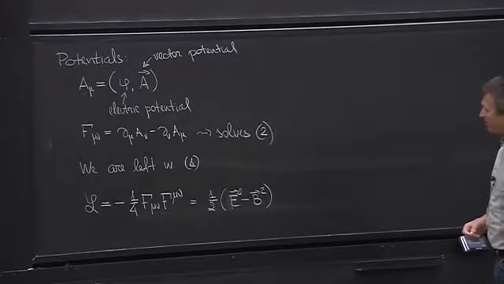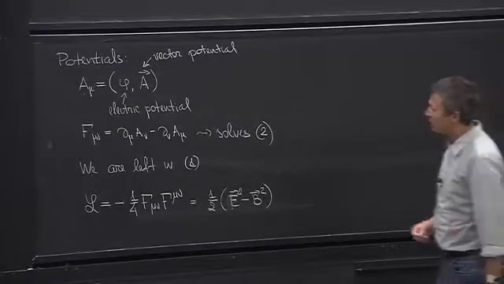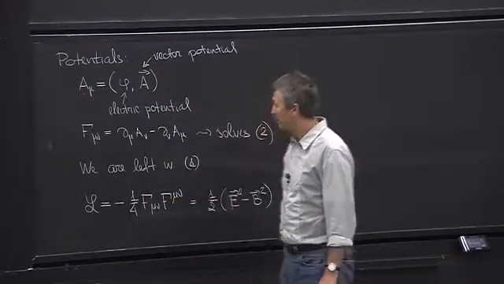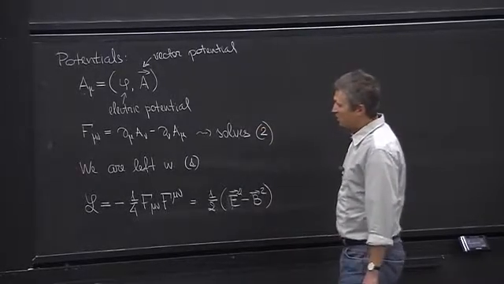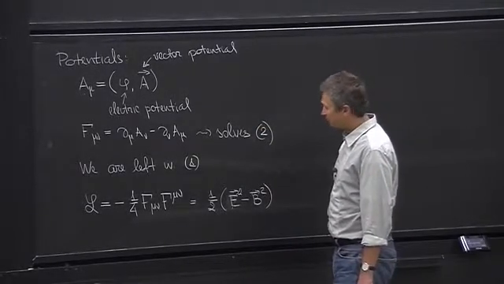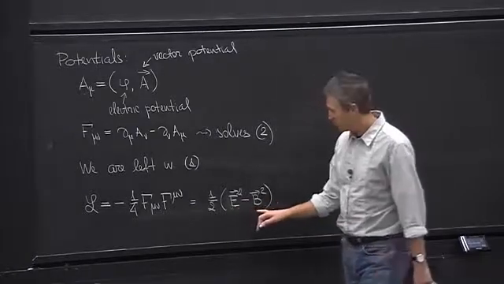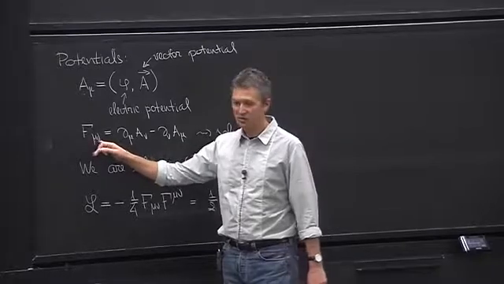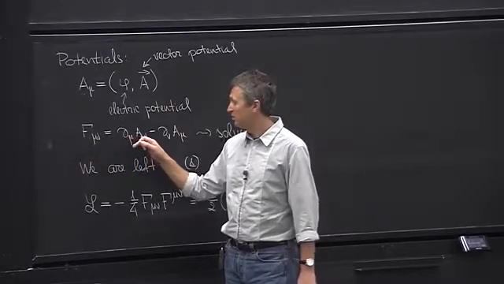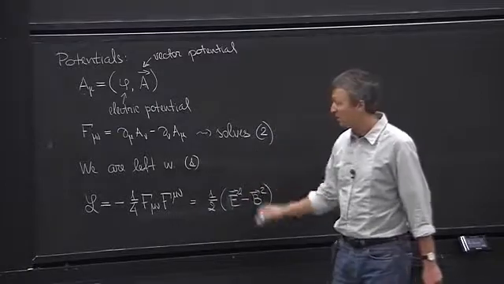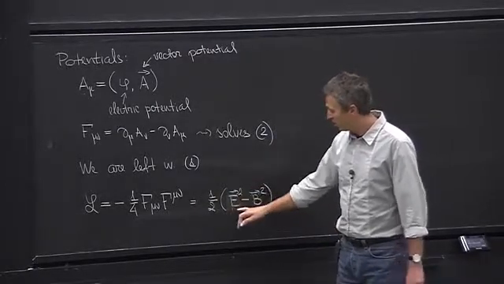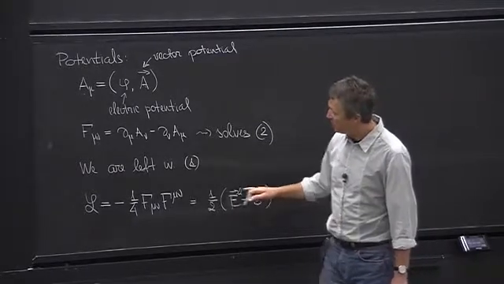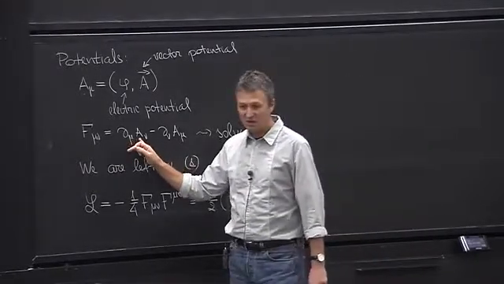Namely, let's see how A0, the electric potential, enters in the Lagrangian. It enters only through this term, because this would be F_ij squared, and when these indices are i and j, the A0 simply doesn't enter. So it enters only into the electric field squared part, which contains d_i times A0, right?